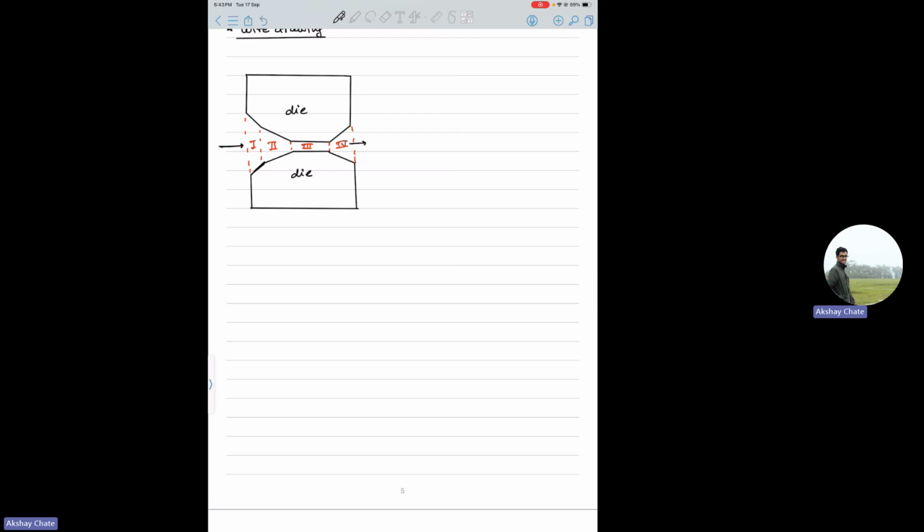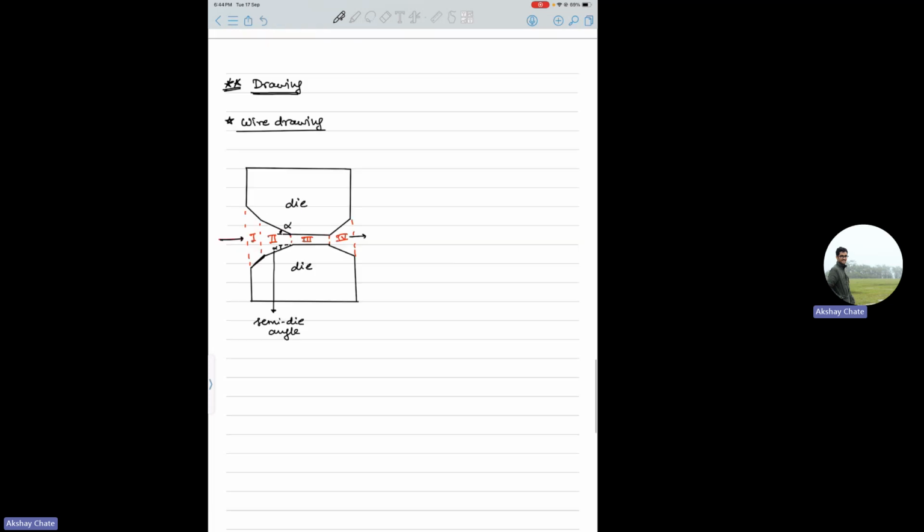This angle alpha is called the semi die angle. And there are these four zones. The first one is called the lubrication zone, which is just at the entry.